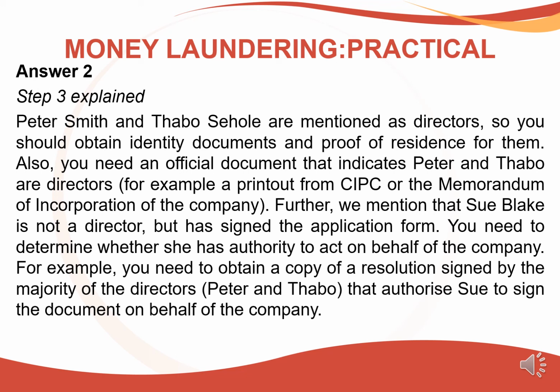Also, there are some banks that then, in addition to the CIPC printout, ask for proof of the registered business address of a company. So also look out for that. Do you see now how we incorporated specific aspects of the law as part of our discussion in how to practically deal with a question on money laundering?